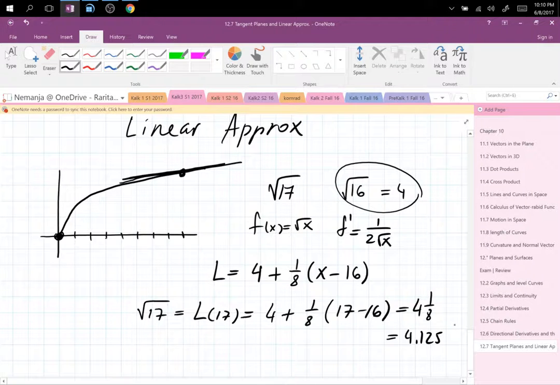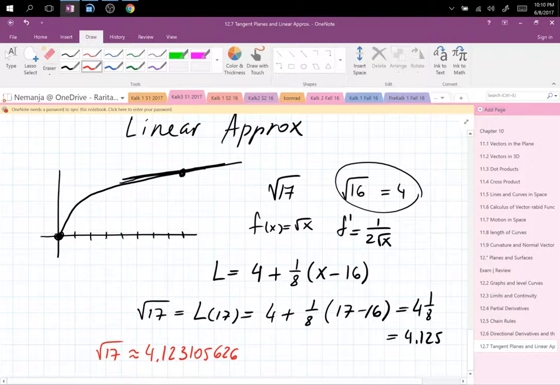Now if you take the calculator and check the square root of 17, you would see how good this actually is. So the calculator gives us that the square root of 17 is approximately equal to 4.123105626.